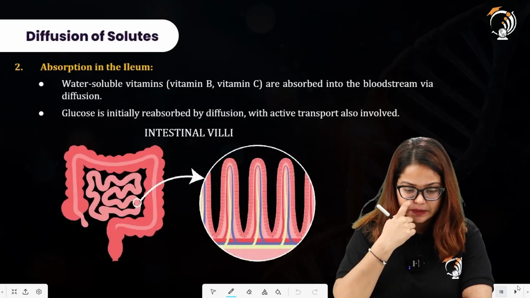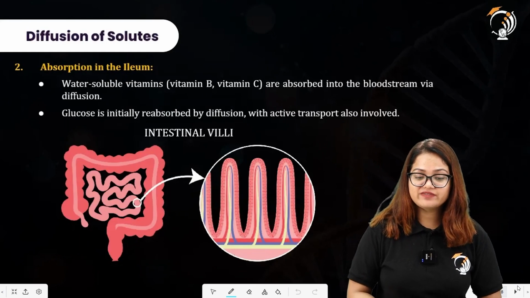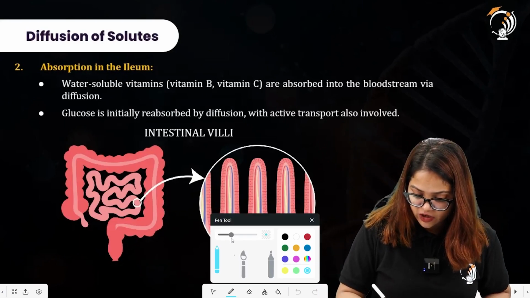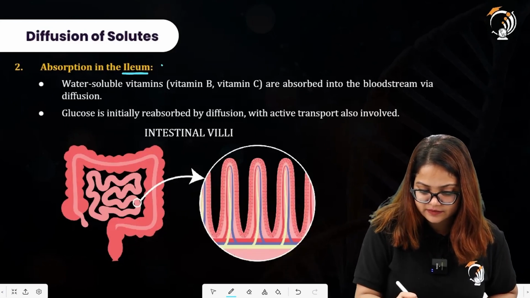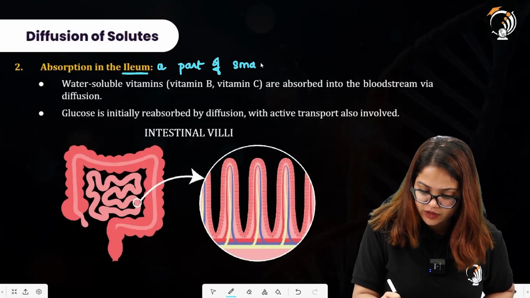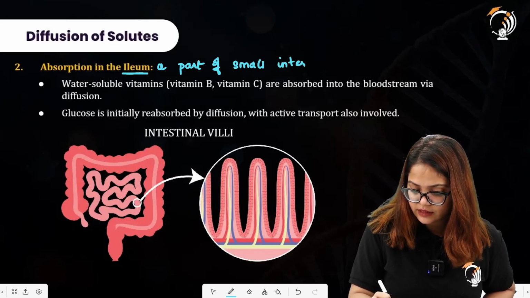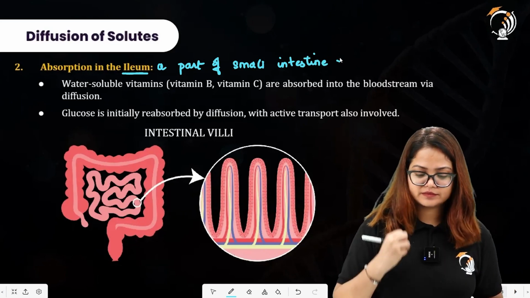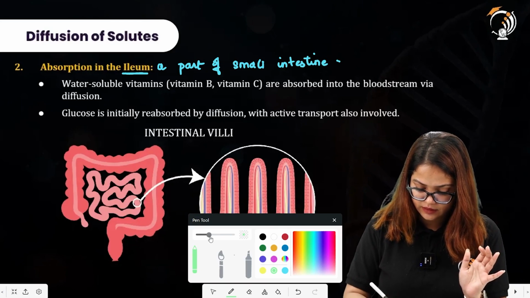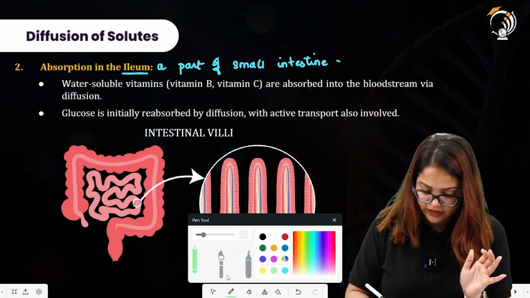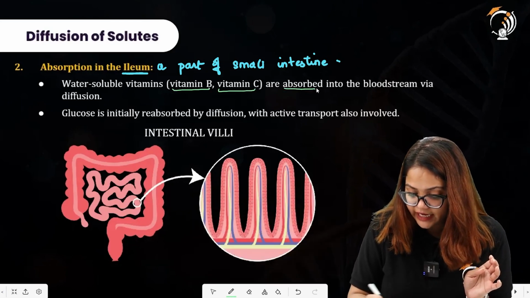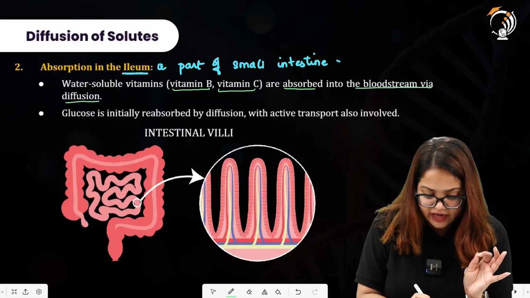And for diffusion of solutes, we have the absorption in the ileum. So basically the ileum is a part of the small intestine. Water soluble vitamins, for that we have vitamin B and vitamin C, are absorbed into the bloodstream via diffusion.